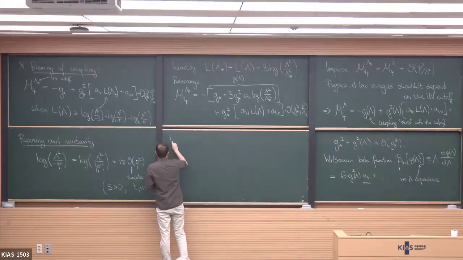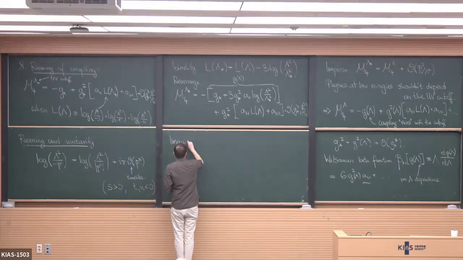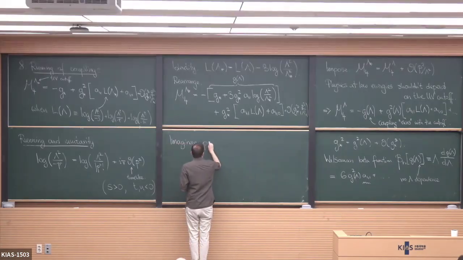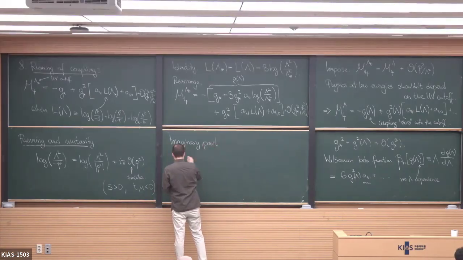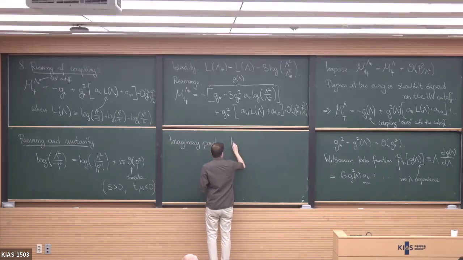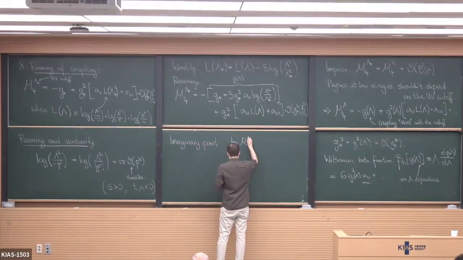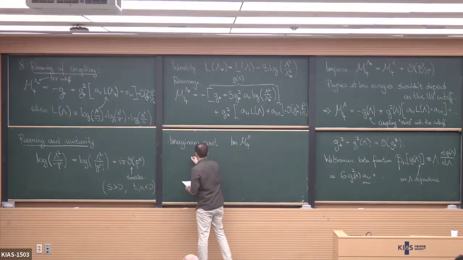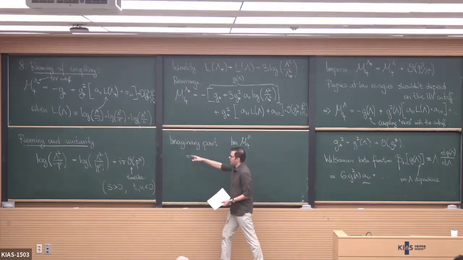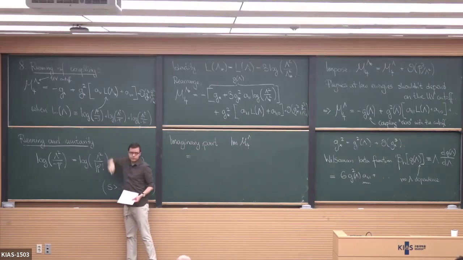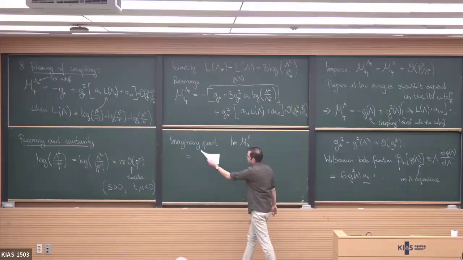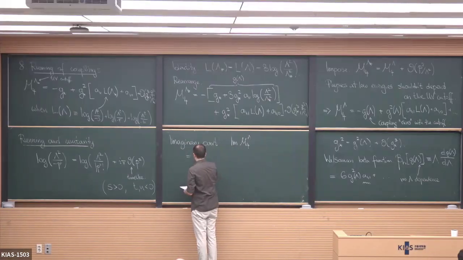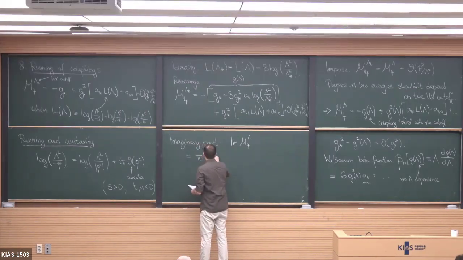Okay, so let me use that fact. If I wanted to compute the imaginary part of the amplitude, I know that the imaginary part is only going to come from one of the logs, say this one. So if I use my formula, then the imaginary part of the leading order is going to look like pi, and then g squared.